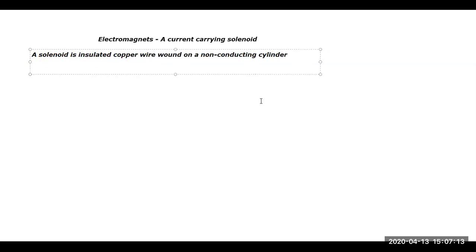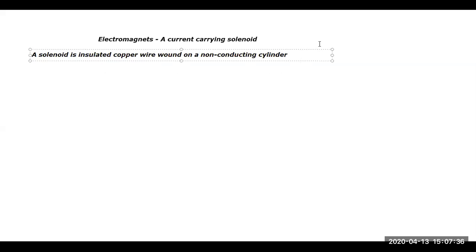This is what we talked about as a solenoid. A solenoid behaves as an electromagnet because when current passes through any conducting wire, particularly a copper wire, magnetic field is produced around it. We discussed this in the previous class. So we will be discussing solenoid and electromagnets in detail today.